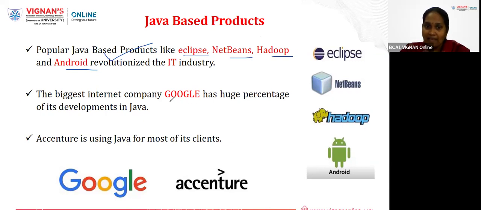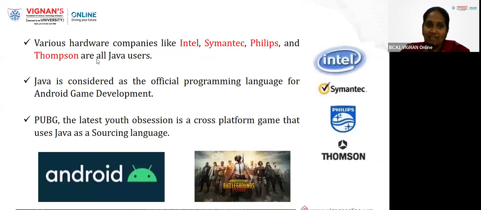Google has a huge percentage of its development in Java itself. And Accenture is also using Java for most of its clients' projects. Coming to other companies, Intel, Symantec, Philips, Thomson, these are Java users only.